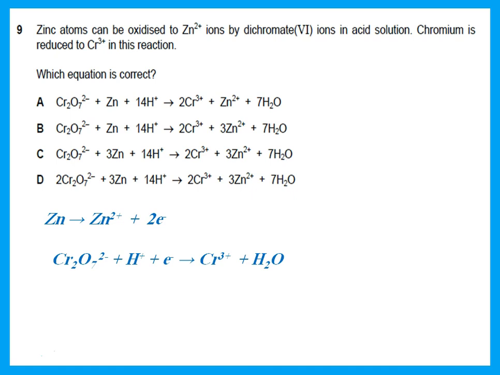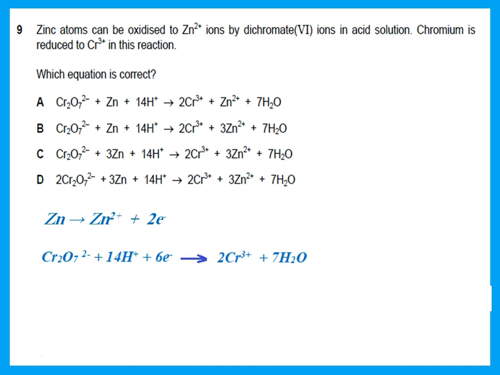Now, if we're starting with something that has oxygen, then on the other end, after the arrow, I must have water. And since I have water, that means that now before the arrow, I must put H+. And then balance the equation. When we balance the equation, we get 6 electrons.